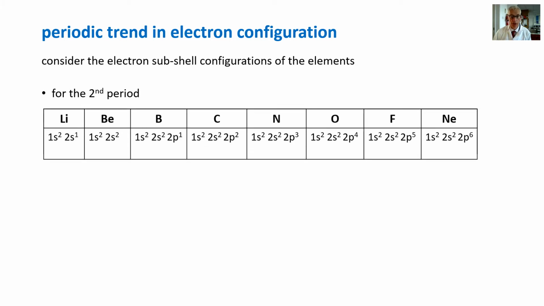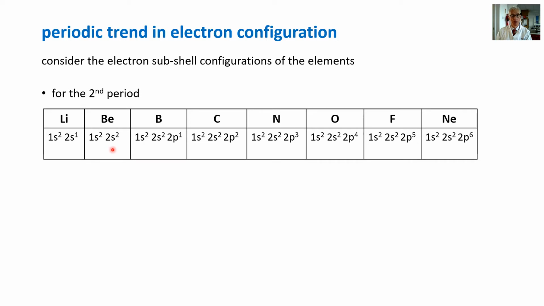I'll just remind you of the basics if you are not sure. The lowest energy subshell is 1s. The next energy subshell is 2s. So the capacity of 1s, as with all s subshells, is 2. So lithium has 3 electrons, 2 go into 1s, so 1s2, and the 1 remaining goes into 2s.